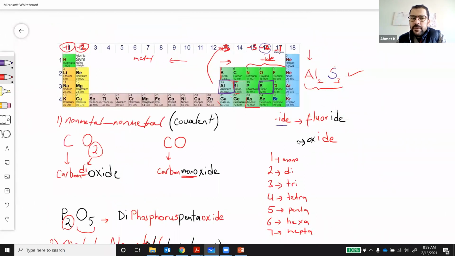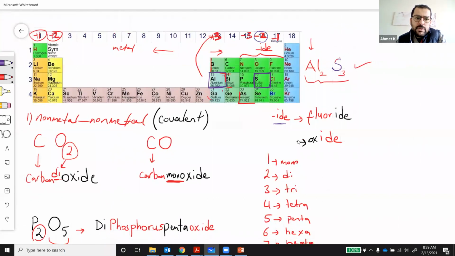Everything is the same. Remember, everything on the left is metals, but we said that these metals, these pink metals, are kind of exceptional, and we call them transition metals. I told you that it's hard to know their charges, even though they might have 5 or 6 valence electrons.